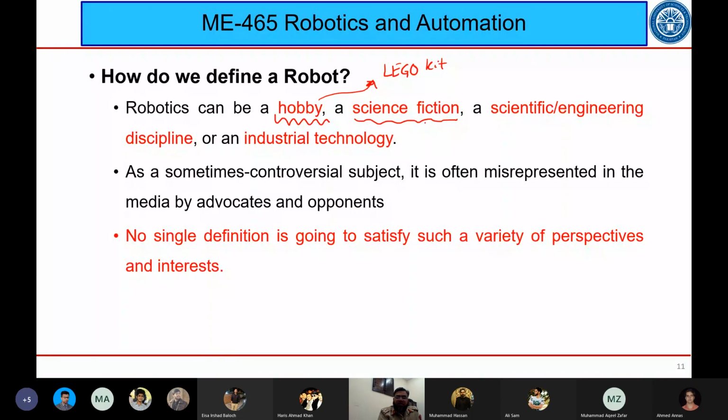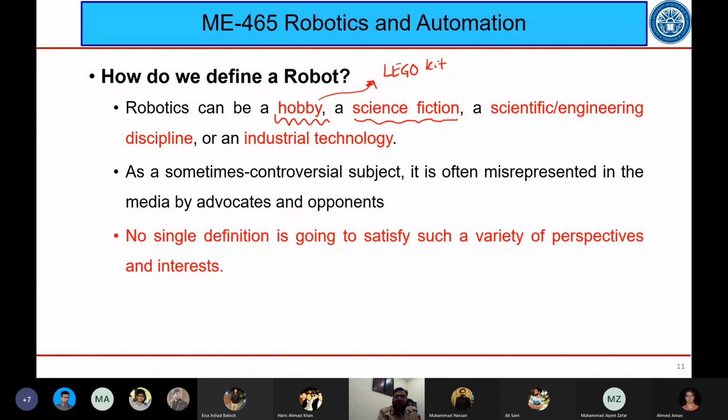So science fiction gets true after about 30 years. Whatever you are watching these days as science fiction, when you reach our age, you would see practically made and implemented.